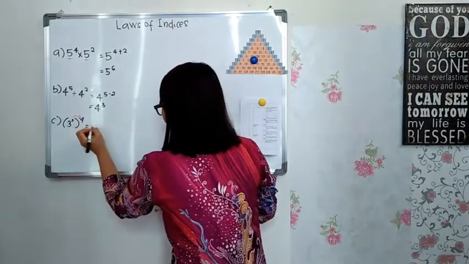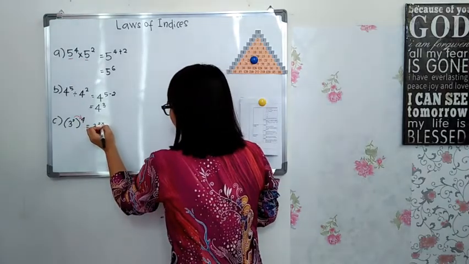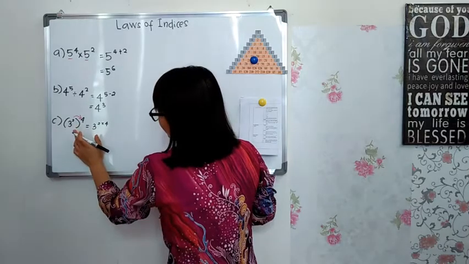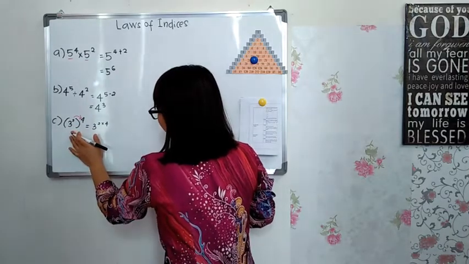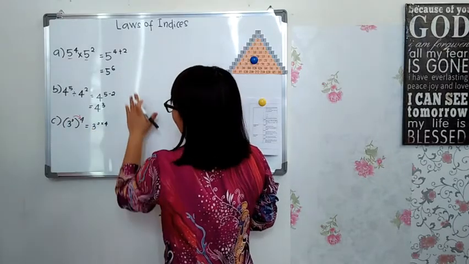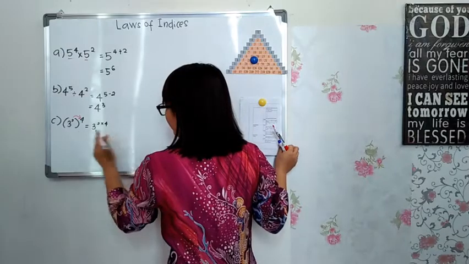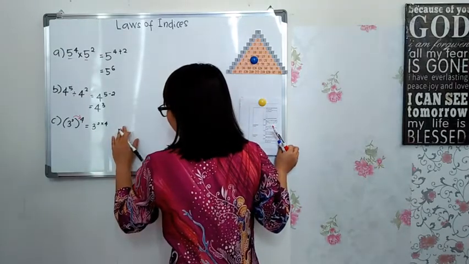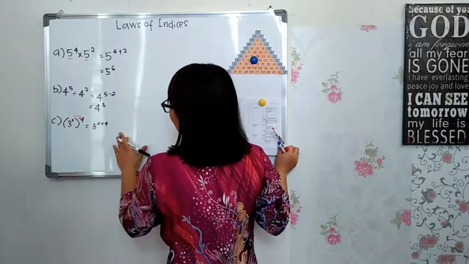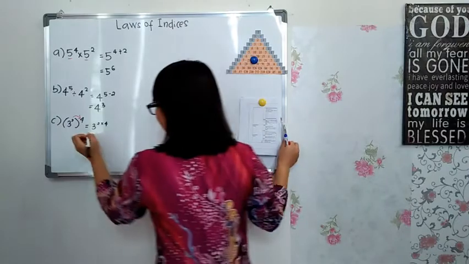The base is 3. If you see a question like this, where they have a bracket, this question must refer to the law of indices.